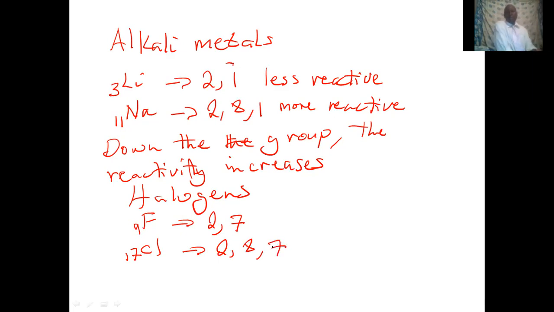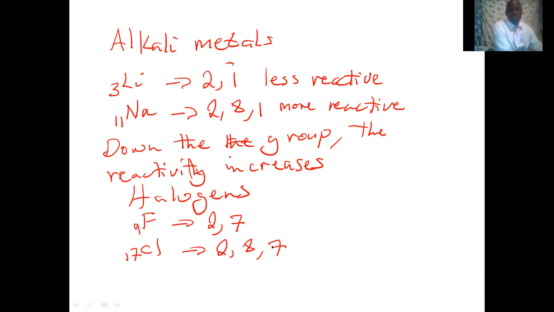So they need to gain one electron for them to be stable. What it means is that the electron coming in to fluorine is easily attracted because fluorine has 2 shells, and therefore the protons in the nucleus of fluorine easily attract that incoming electron.